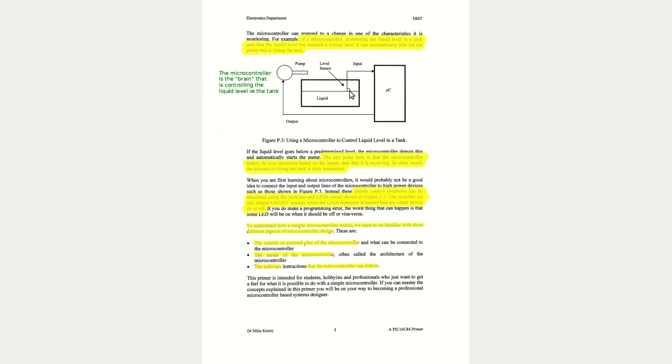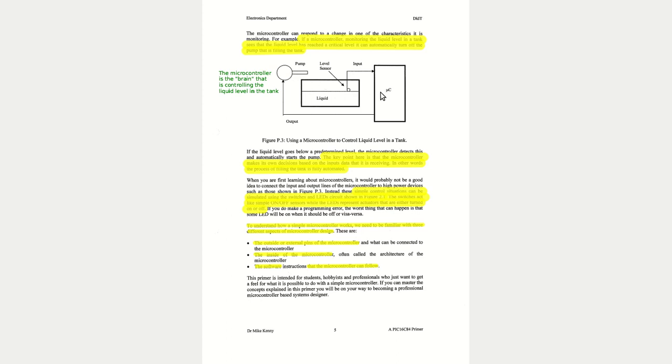The microcontroller uses that measurement to turn a pump on or off. So let's say some liquid was taken out of that tank, or it was emptied in some way. We can turn on the pump to pump more liquid into the tank until it reaches its preset level. So the level sensor measures the liquid level in the tank, and the pump pumps more liquid in if the liquid level has fallen below a certain level.